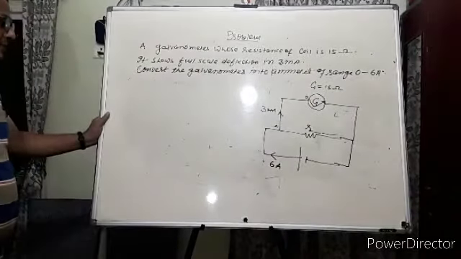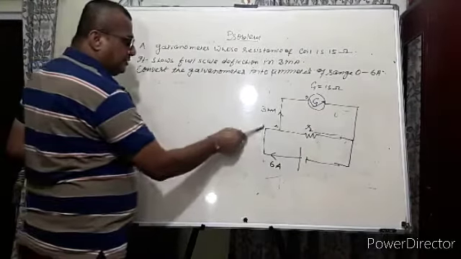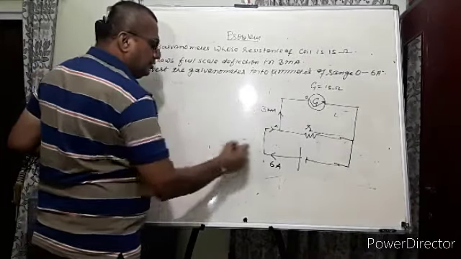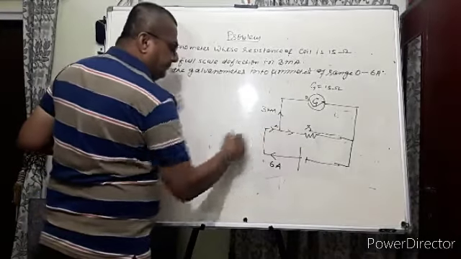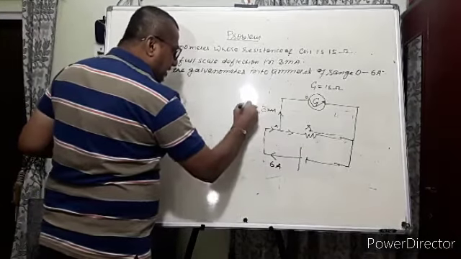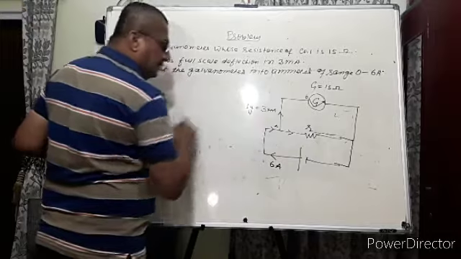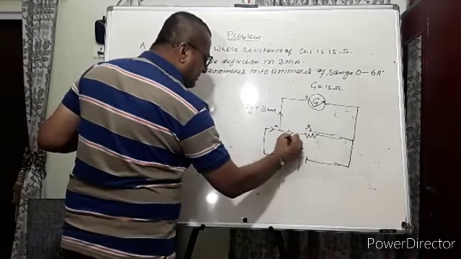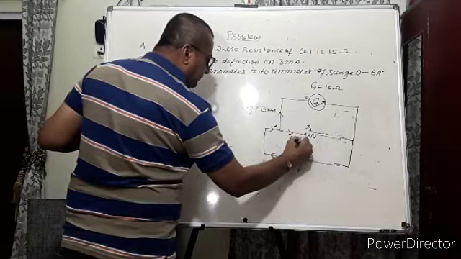Now of the 6 ampere, 3 milliampere is going through the galvanometer. If this is Ig, then this will be 6 minus Ig.